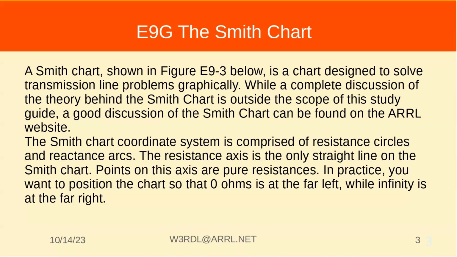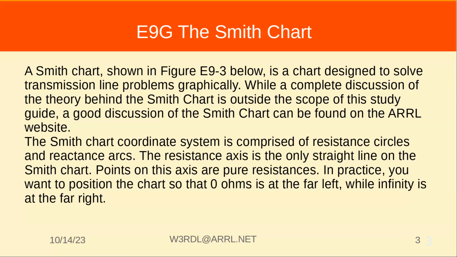On the other end, it's infinite. Quarter wave. You go all the way around again, half wave, you're back to the starting point. So if you went from 0 around, it's 0. If you went from infinite back around, it's infinite.